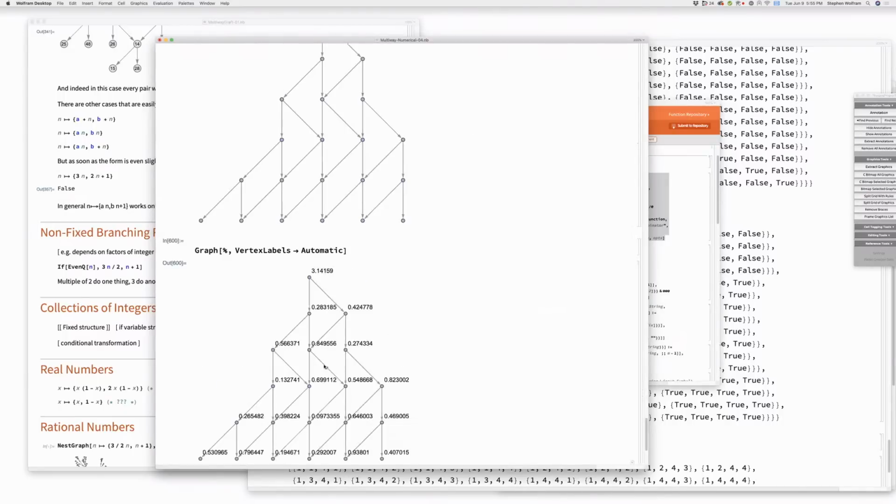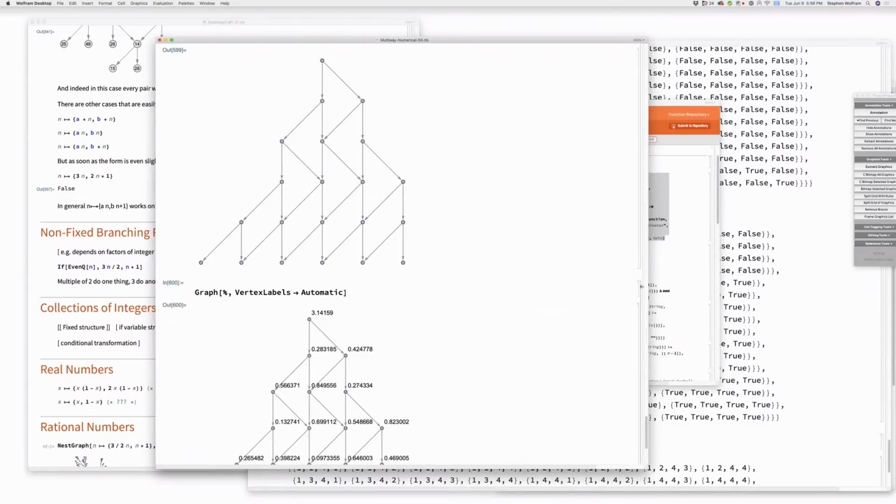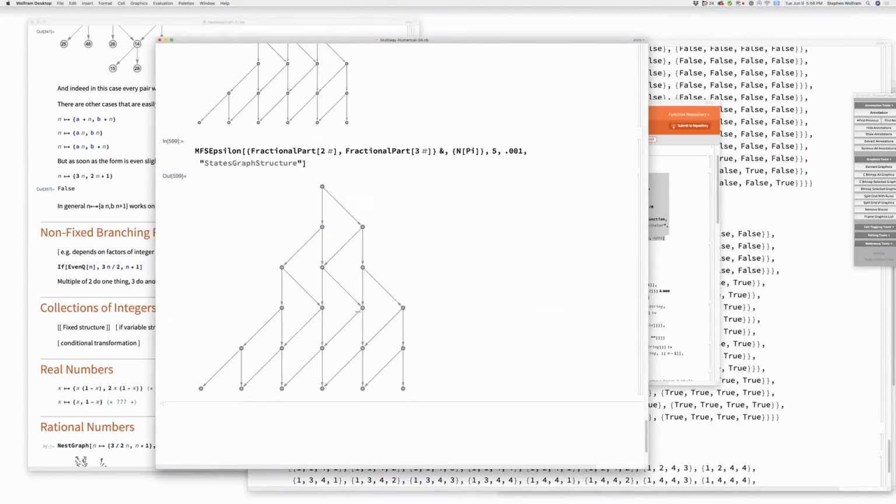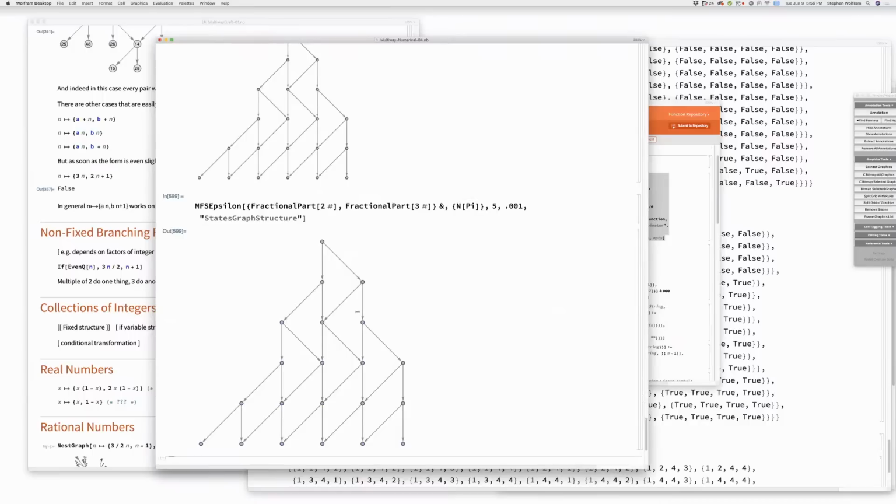Wait, that's just commutativity. Oh, I see. So you're saying basically, once we have this epsilon structure, we can put any functions we want in here, and it's going to be interesting, right?